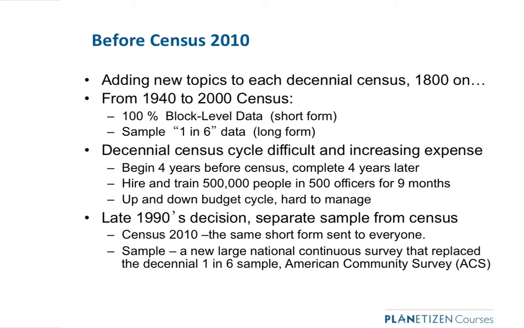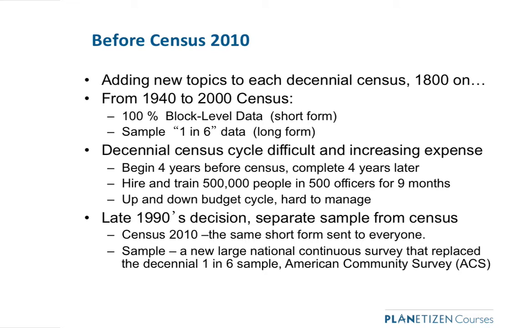And that's called the American Community Survey, or ACS. ACS is now becoming kind of the backbone of the Census Bureau's data programs, and what we're going to talk about a lot, because it is the motherlode of data that most people are going to use for most applications.